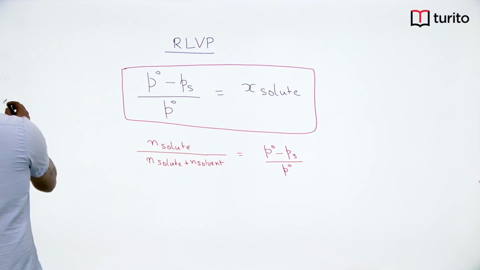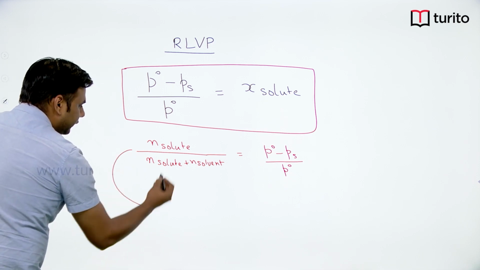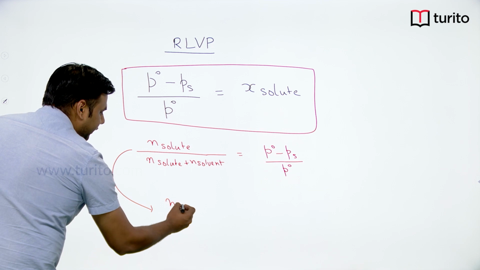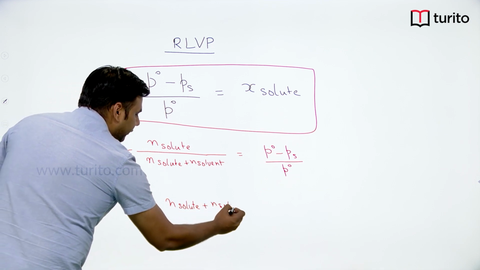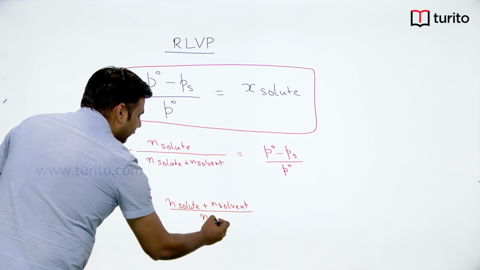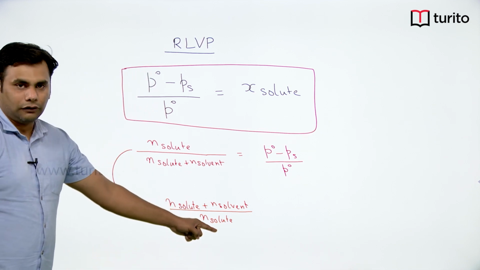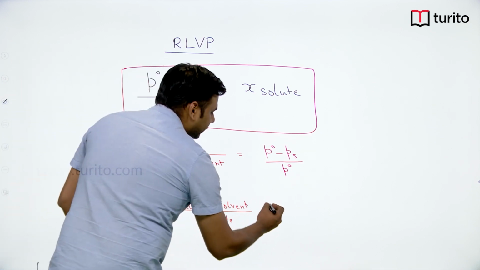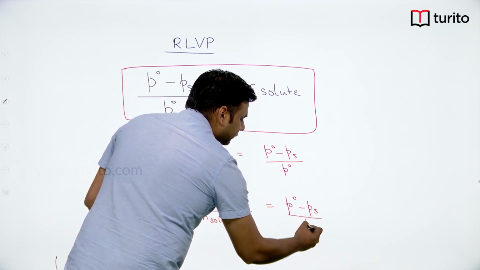So we are taking the reciprocal of this, so this would become the number of moles of solute plus number of moles of solvent divided by number of moles of solute, okay? I think in the previous lecture I have written solvent over here, so it was my mistake, so just make that necessary correction so that it does not confuse you, okay?